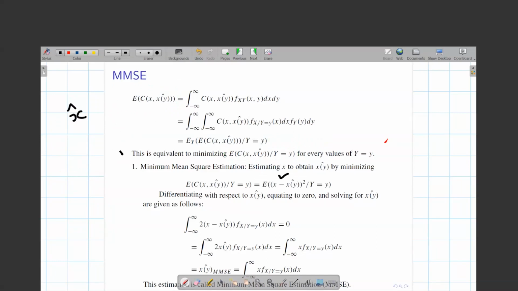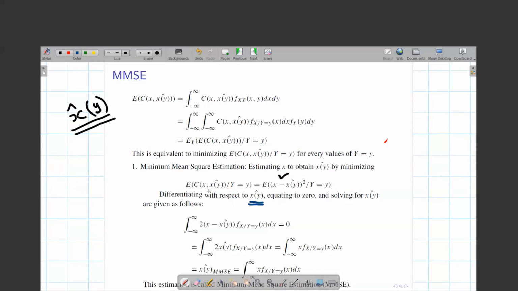Actually, we are interested in x cap of y, which we can treat as a variable. So what we do is differentiate this expression, equate it to 0 and solve for that.